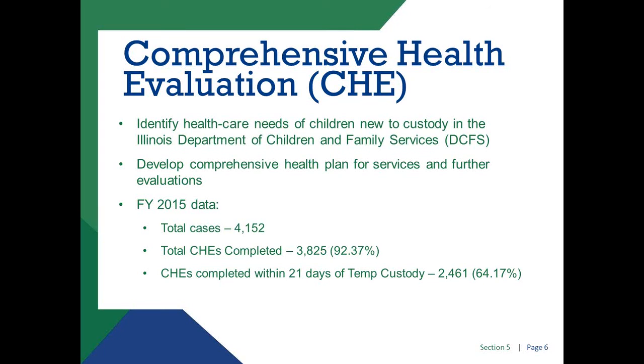The 21 days is something that's required by our federal court consent decree. It is a challenge, certainly, to ensure that children receive this evaluation within the 21 days. We use community health resources, physicians in the community that have private practices or community health centers.